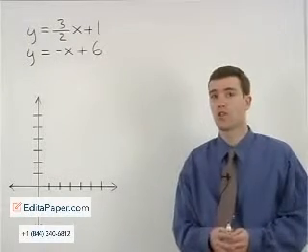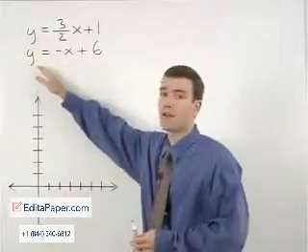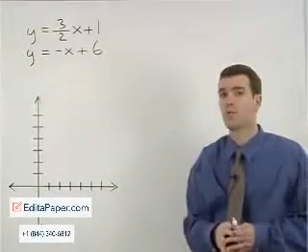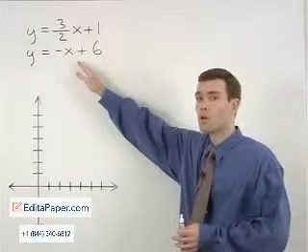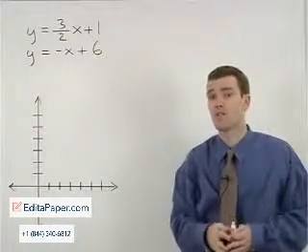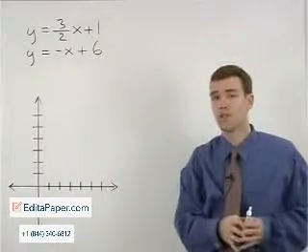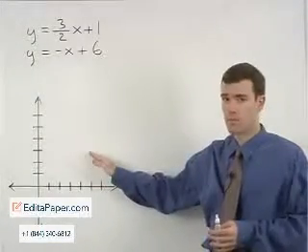To solve for two separate variables, in this case x and y, we need two separate equations called a system of equations. There are different ways of solving systems of equations, but in this section we're going to be using the graphing method.